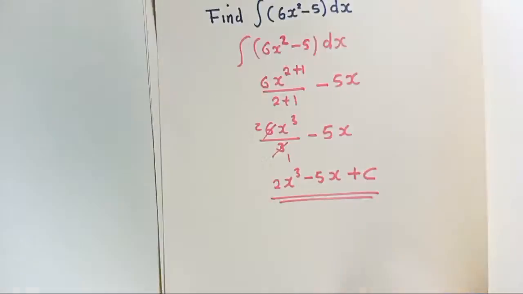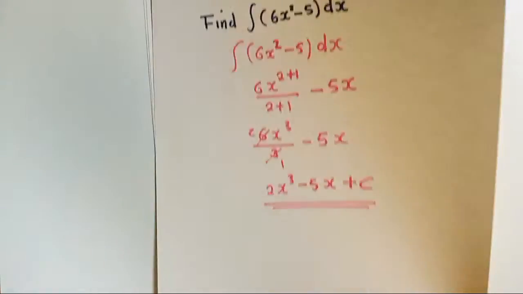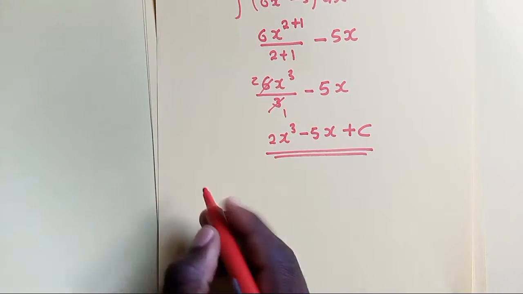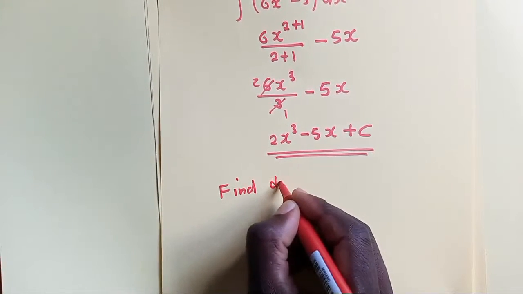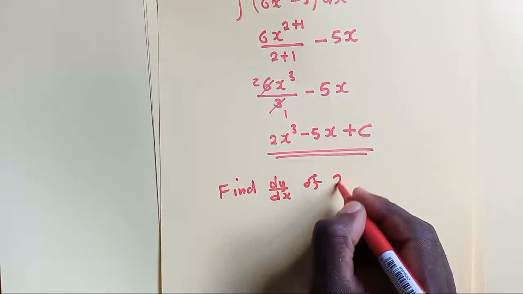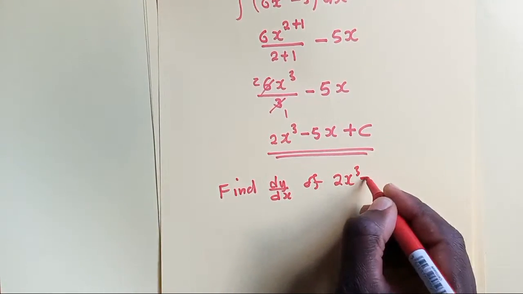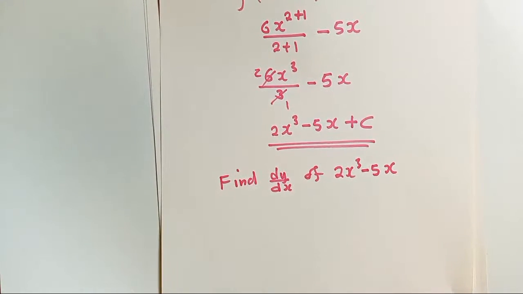So let me just do something here. If they say find dy/dx of 2x to the power 3 minus 5x, I just want you to understand the relationship between integration and finding the derivative, or differentiation.